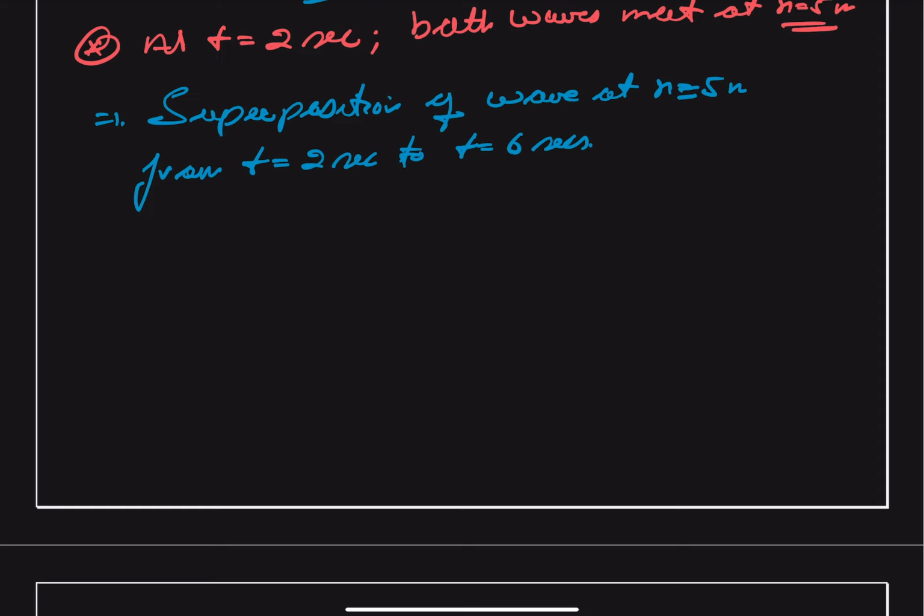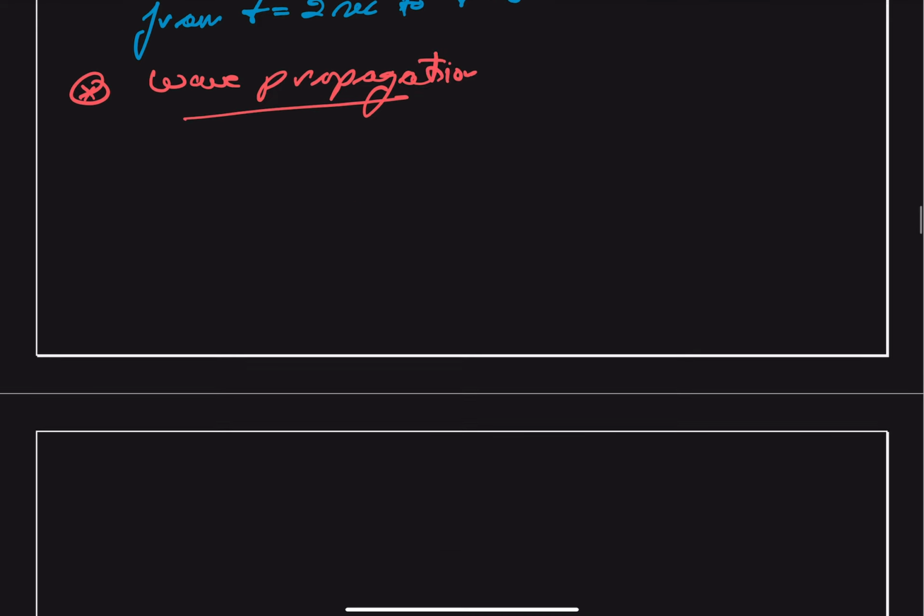So we state wave propagation, and for wave propagation frequency f is given to us, that is 0.25 Hertz, and wavelength is also given, that lambda is 2 meters. So we can find out the propagation speed, that is v.